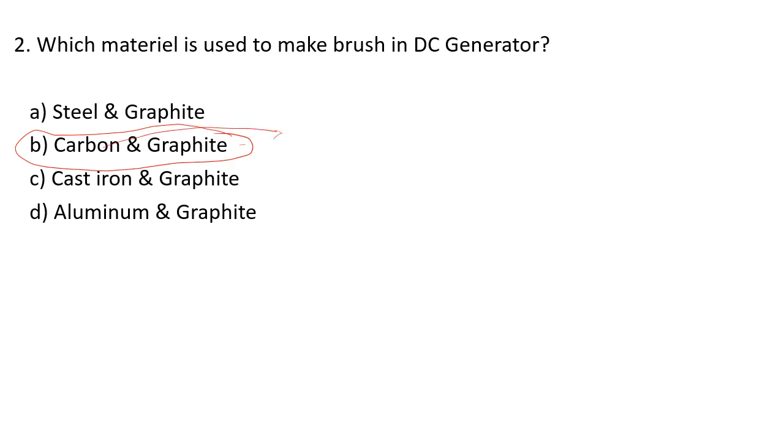The performance level of carbon is very high and it is light in weight, and the durability of the carbon is very good. Durability is very high. So these are the main characteristics of carbon brush when compared with graphite.